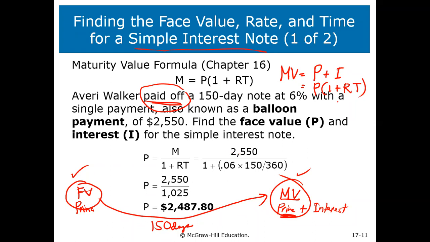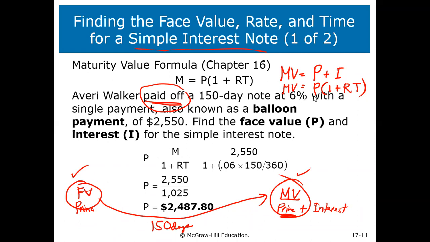All right. What do we know here in this formula? Do we know the maturity value? Class, do we know the maturity value? Yes, we know the maturity value, and that's 2550. Okay, so we know this.